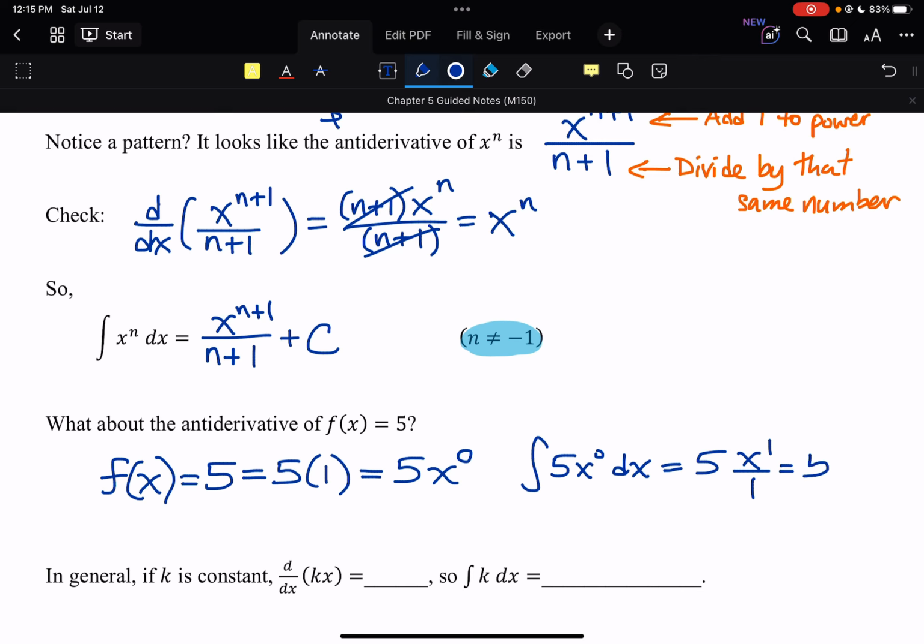So this is just 5x. So the antiderivative of 5 is 5x.